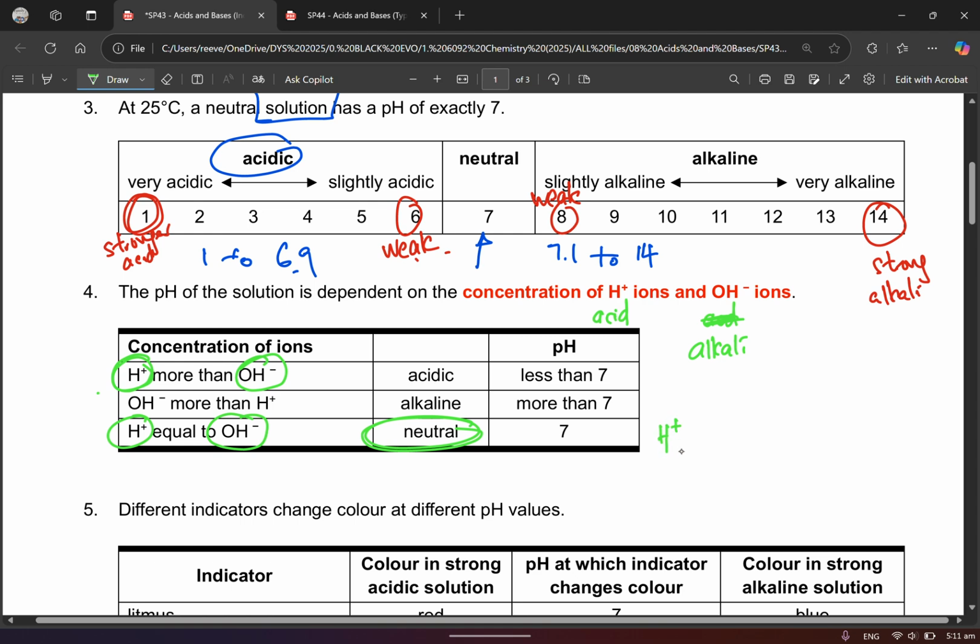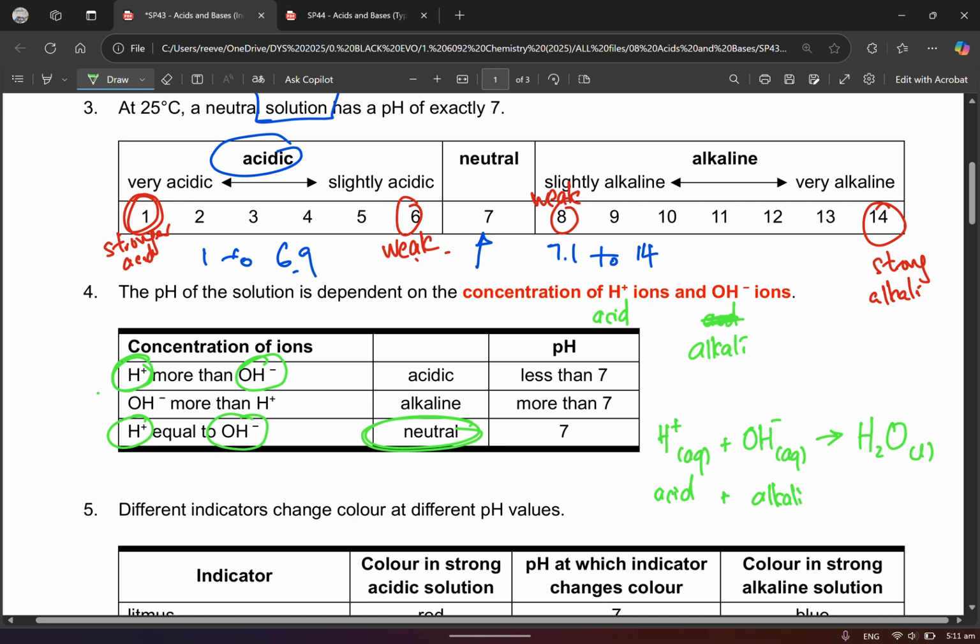That's also the reason why I have this ionic equation, or neutralization, to form a neutral solution. So when it's neutralization, what's actually happening is the H plus in my acid, the quantity, the concentration, is just nice enough to neutralize all the OH minus ions in my alkali.